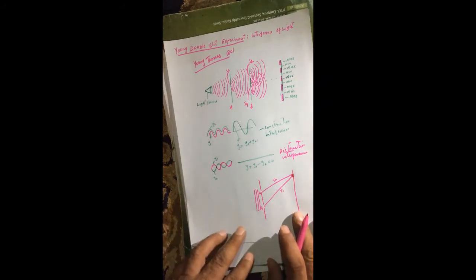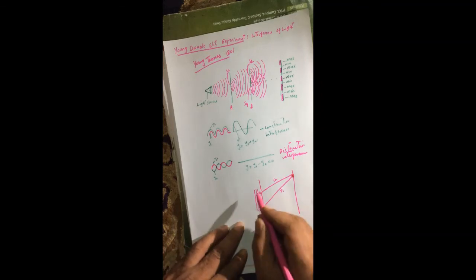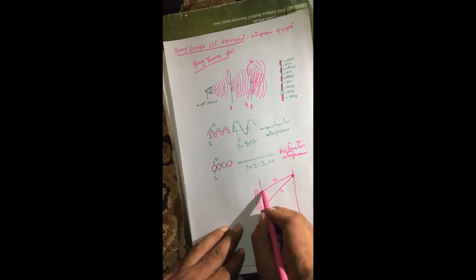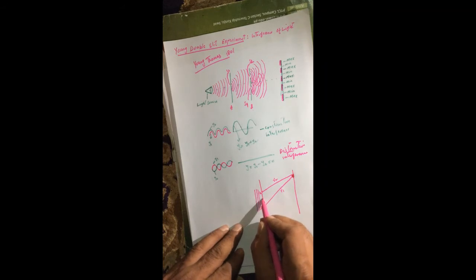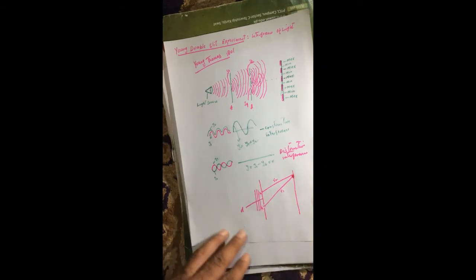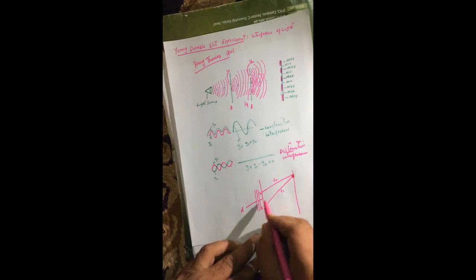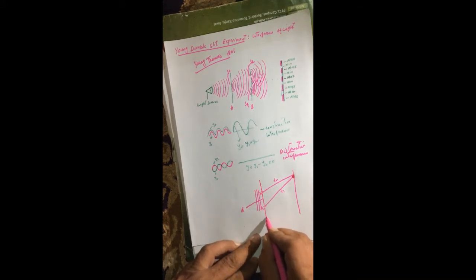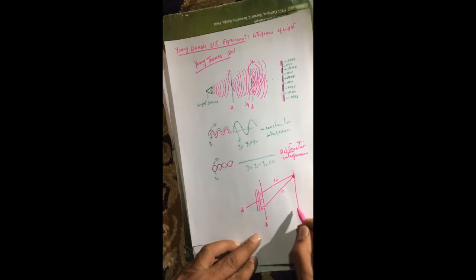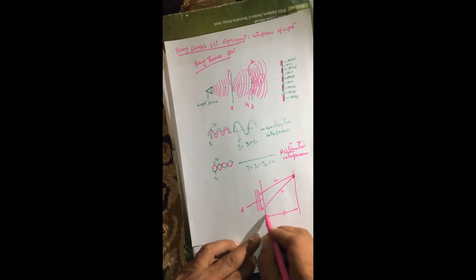Now for that I consider the separation between these two slits. This distance I call small d. And I suppose that this screen, which contains the slits, and the screen on which we observe the dark and bright spots are at a distance capital D. So this capital D represents the distance between the slits and the screen, and this small d represents the distance between these two slits.